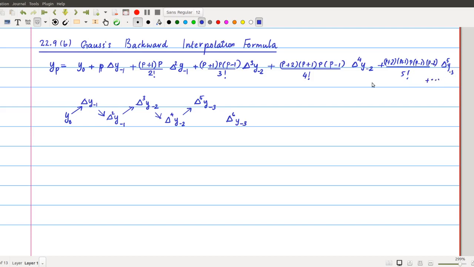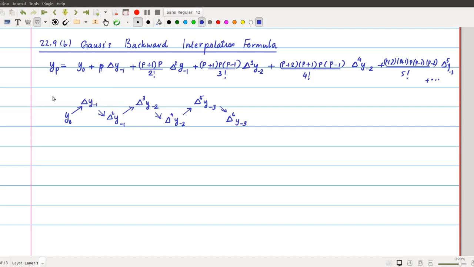In order to write the next term, we will use delta raised to 6 of y minus 3. These are the values from the forward difference table.